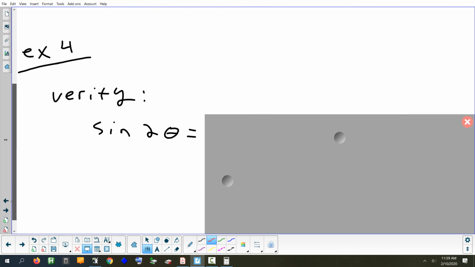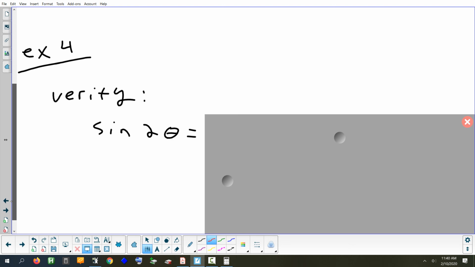How could you write sine of 2 theta, specifically the 2 theta part, differently? Think of arithmetic you could do, and the answer would be 2 theta when you simplify it. How could you get 2 theta as an answer to some kind of arithmetic problem?